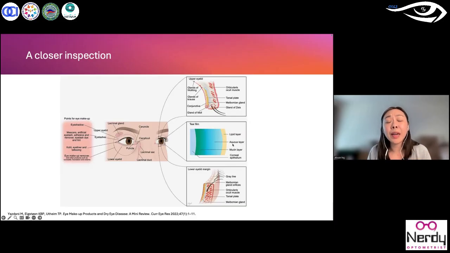But also if you think about the patients who might not be using eye cosmetics, we then have the fact that patients will touch their eyes every day, whether they're applying contact lenses. And if they're not a contact lens wearer, we typically touch our eyes or rub our eyes on a day-to-day basis. And this can be a seasonal thing as well. So for example, here in the UK, it is peak spring, it is peak allergy season.